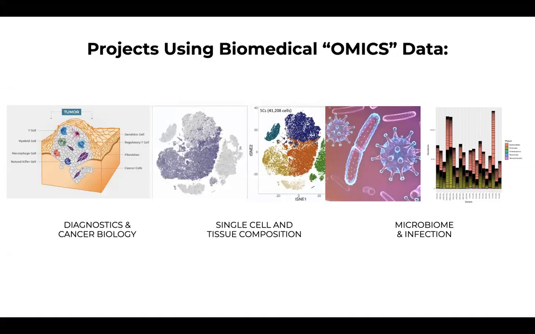So for this upcoming program, we have prepared a number of curated data sets sourced from cutting edge research that is peer reviewed and comes from high quality publications and high quality labs, so that all of you can gain access to some of these examples and try to apply the same methods to diagnostics in cancer biology, which we'll talk about today, but also single cell and tissue composition, as well as the microbiome and infection. So you'll be able to actually study these different data sets and see how these data sets can be informative in the context of clinical application.